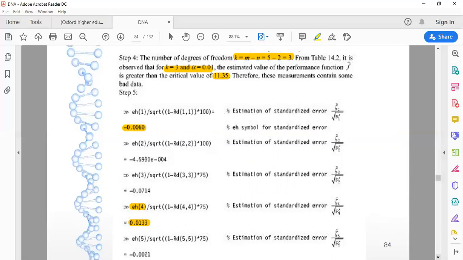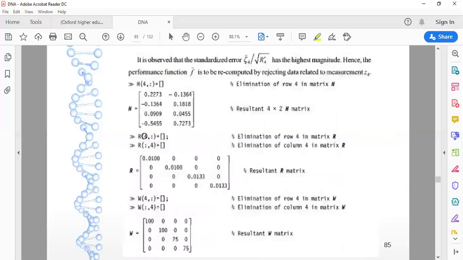Previously we had m equal to 5. Now after removing meter 4, we have 4 components. So now k will change. Now k is equal to 4 minus 2, that is 2. And for the rest of the components, we can easily derive that H is already formed by considering only 4 components, because z4 is already removed.